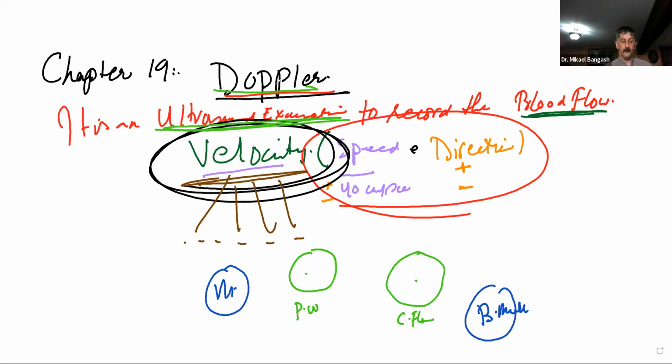So when you turn on any of these functions, it's going to turn on the Doppler functions and enable you to measure the velocities of blood flow through structures in the image. Is that clear?